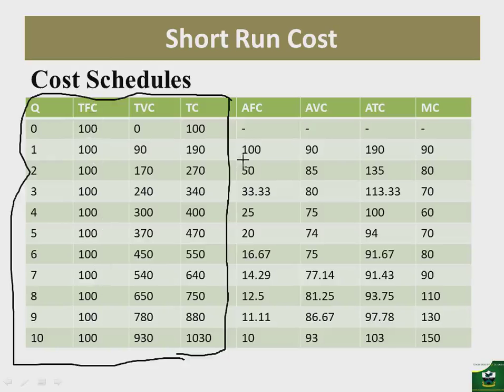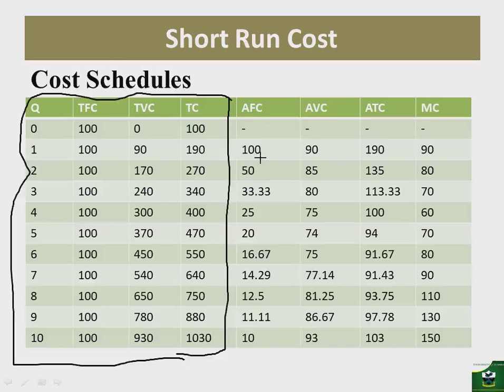Therefore, the average fixed cost will simply be the total fixed cost divided by the output. For 0 output, it will be undefined, because a number over 0 is infinite. For simplicity, we simply put a dash, since you will not be able to have a definite figure. At the first unit of output produced, our total fixed cost is 100.